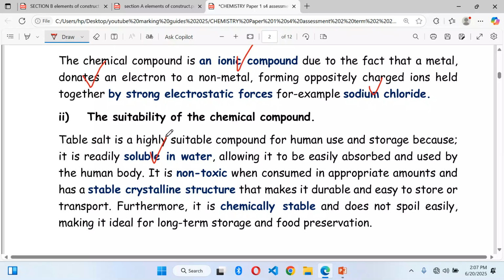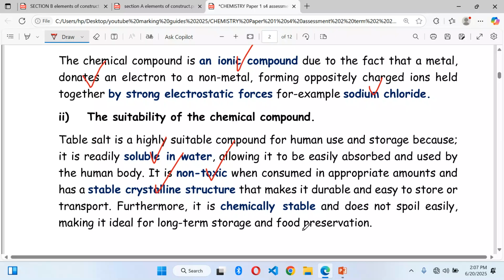It is readily soluble in water, allowing it to be easily absorbed and used by human body. Then number 2, it is non-toxic when consumed in appropriate amounts, and it has a stable crystalline structure that makes it durable and easy to store or transport.